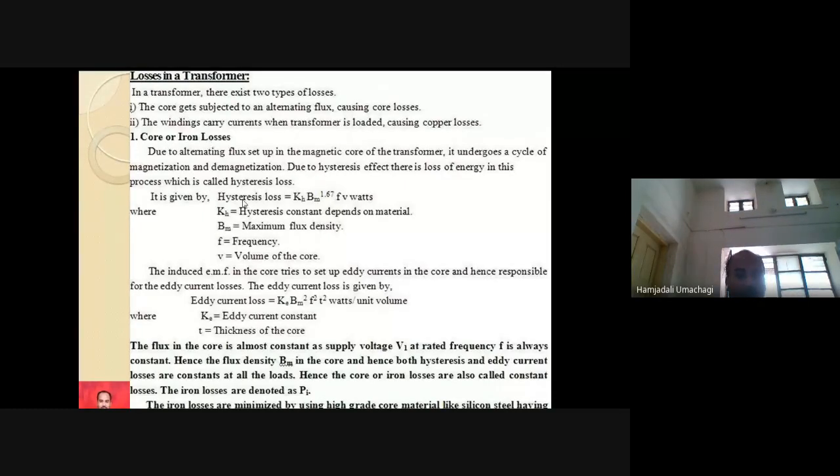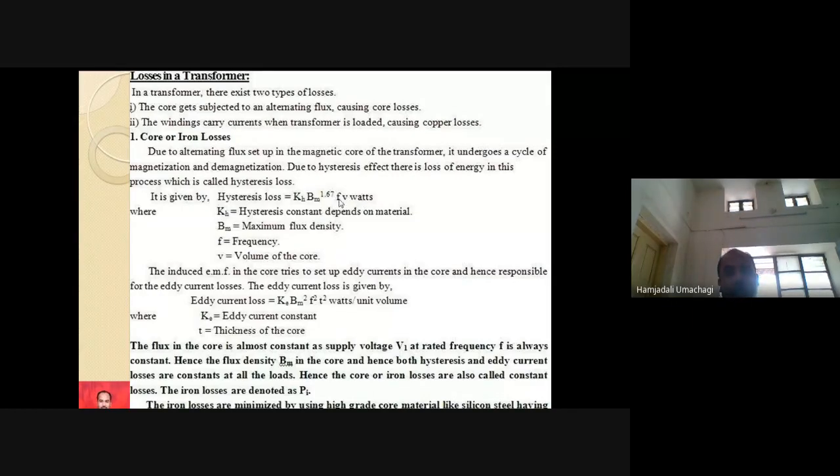That is hysteresis loss, given by the expression KH Bm raised to 1.67 F V watts. Similarly, eddy current loss is given by the expression Ke Bm square F square T square. So these two losses are dependent on the hysteresis constant, which is constant, Bm is also constant, then frequency F is constant, volume of the core is also constant.